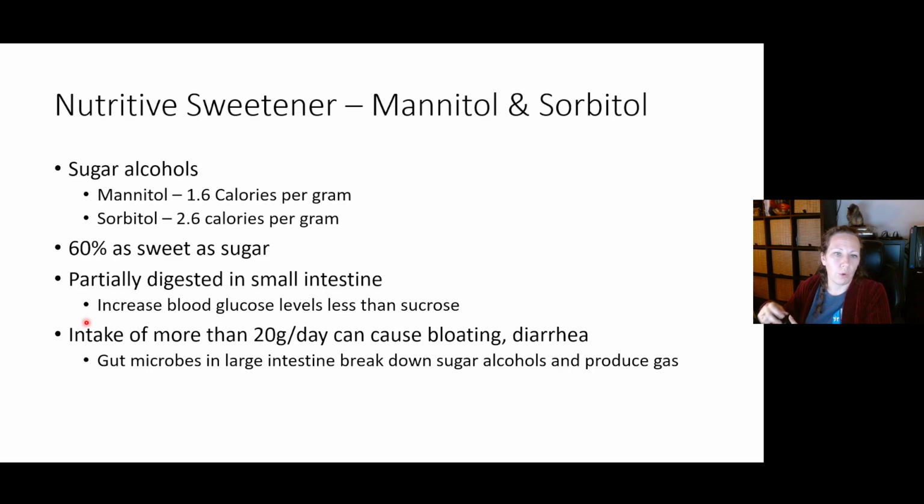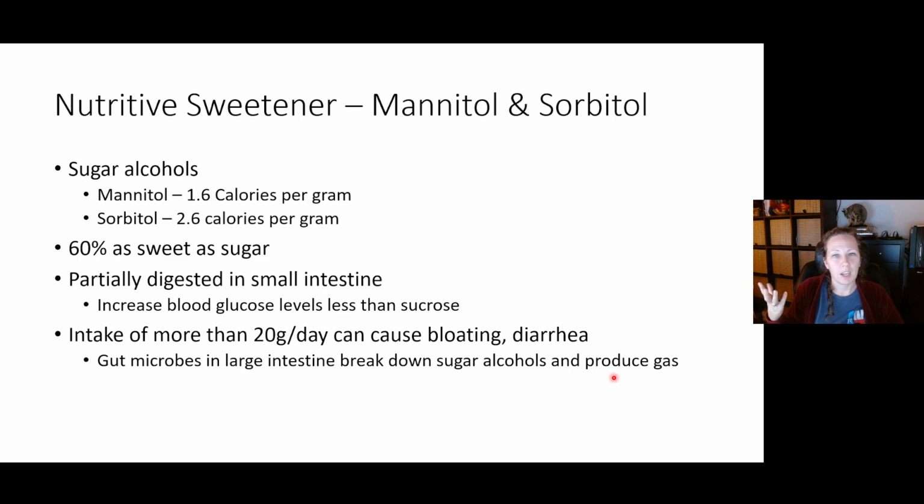And so with the sugar alcohols, you do have to watch how much you consume, not only because of caloric content and blood glucose levels, but also because if you consume too much, then the effect of the gas production by the bacteria will be noticeable by your body, and you can have some discomfort with the bloating and potentially diarrhea from these products.